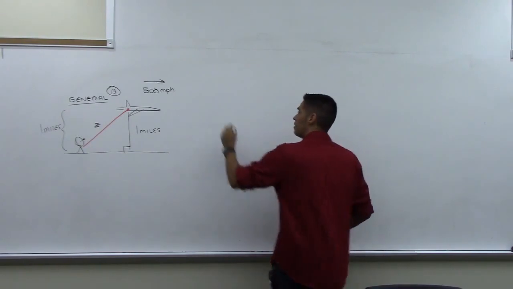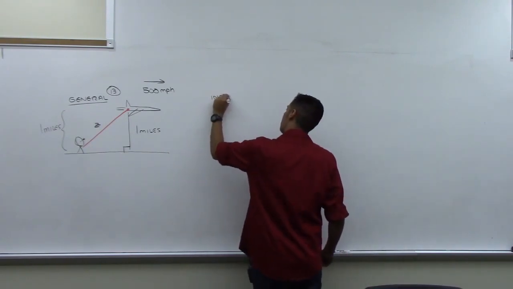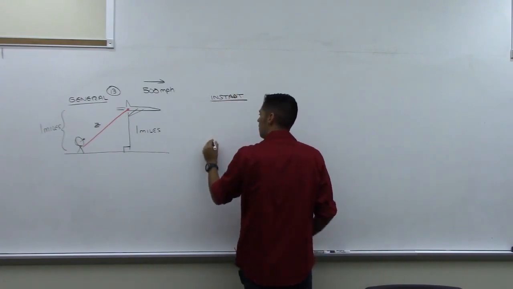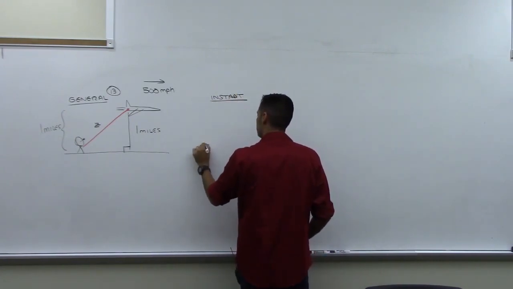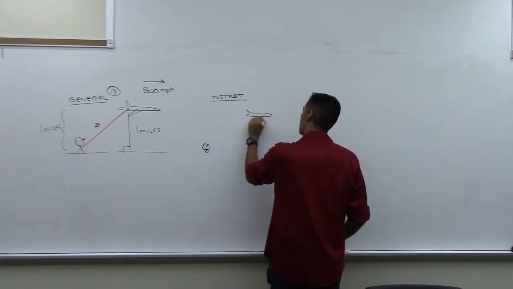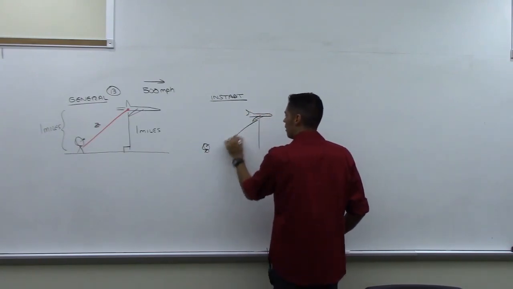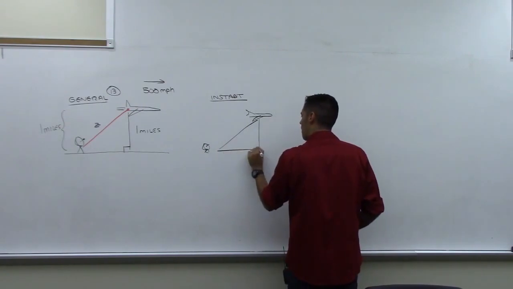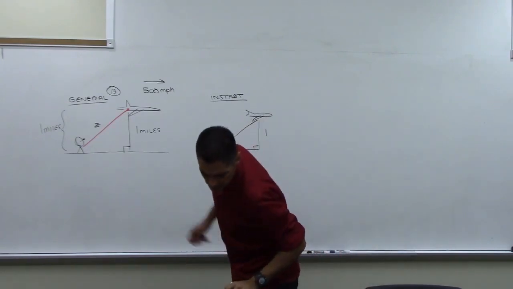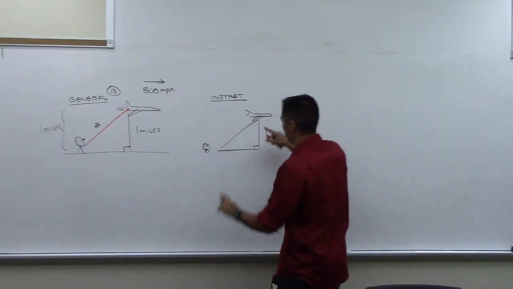All right, now the specific instant in time that they're talking about, we have the radar, we have the plane, and we have our triangle here. And we know this is 1, and that we're interested in when it's 2 miles from the radar station.